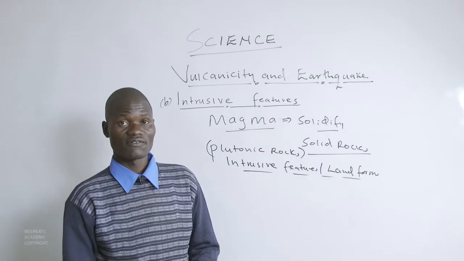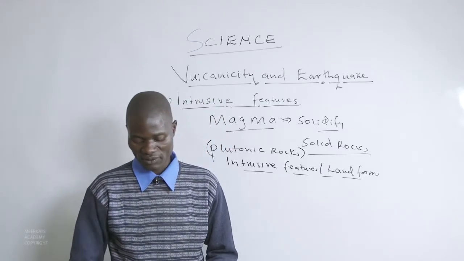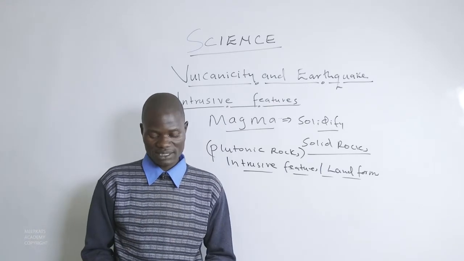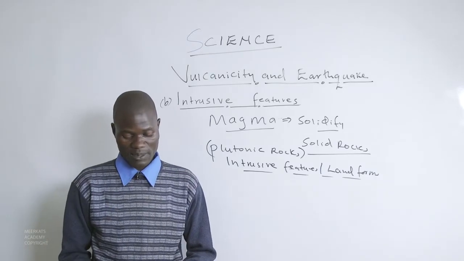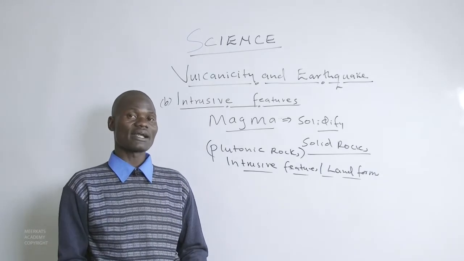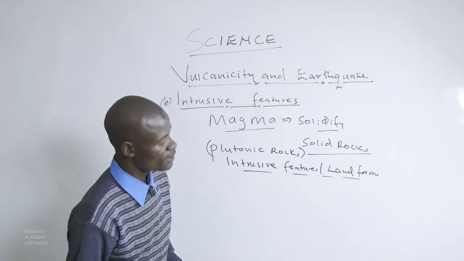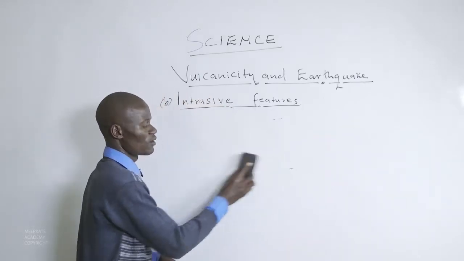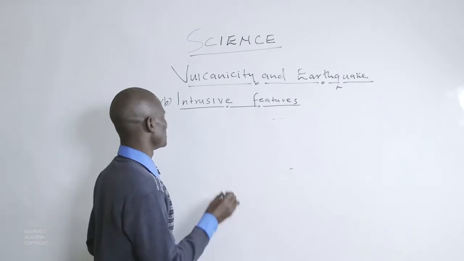The intrusive landforms, especially when we look at volcanic activity, the volcanicity is the one that gives rise to these intrusive landforms. Such landforms are various, and we shall be able to shortlist them here as we look at them one by one. One of the intrusive landforms includes the batholith.